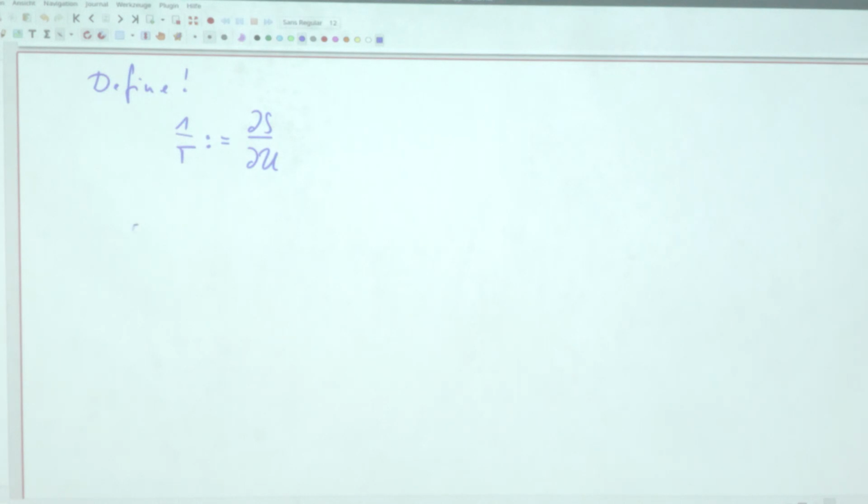I write down here delta Q equals T dS. If you have no work involved, this is equal to du.